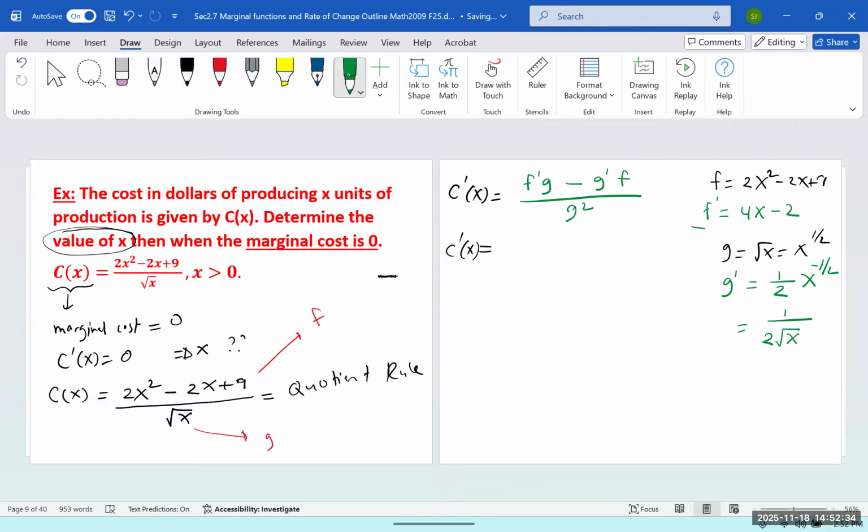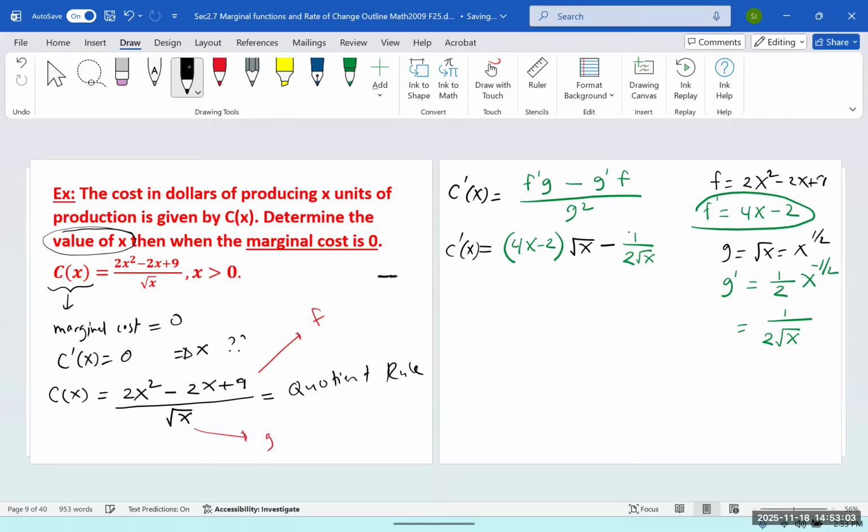So f prime is (4x minus 2) times the g function, which is square root of x, minus the derivative of g, which is 1 over 2 square root of x, times the f function, which is the big thingy.